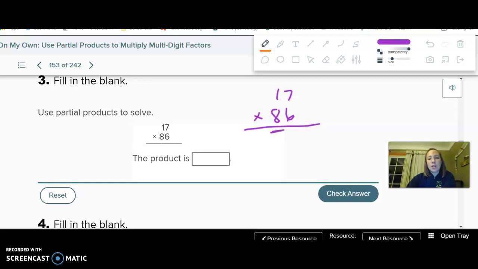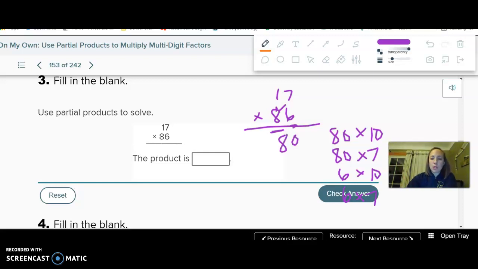So I'm going to start with 80 times 10, then 80 times 7, then I have 6 times 10, and then 6 times 7. Notice I like to write all the combinations before I start multiplying. You don't have to.